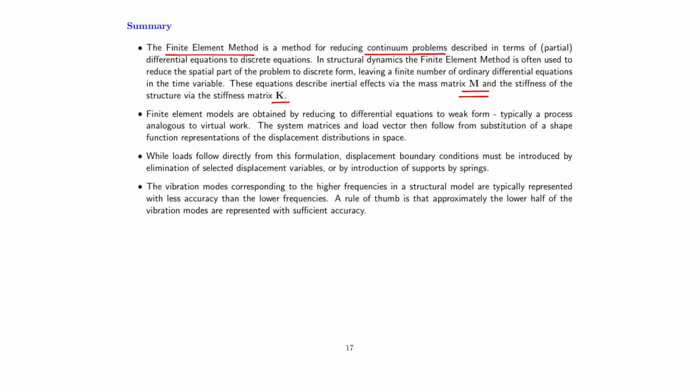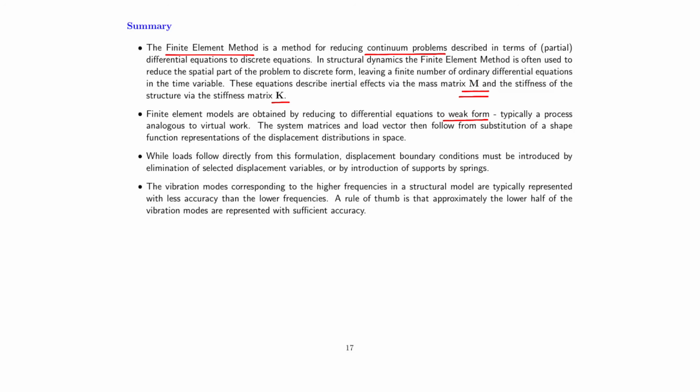The essence, the theory behind the finite element method, is definitely the derivation of the weak form equation. So we go from the strong form differential equation to a weak form format that we make symmetric by integration by parts, and it's a condition that represents the integral over the entire structure.